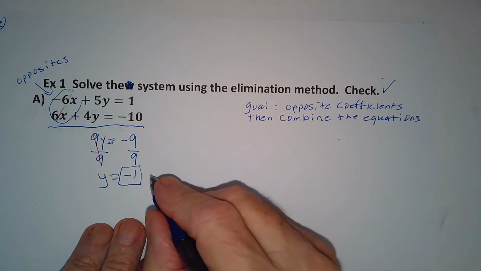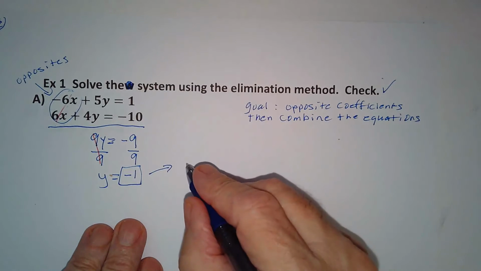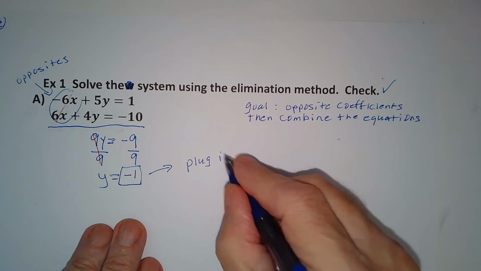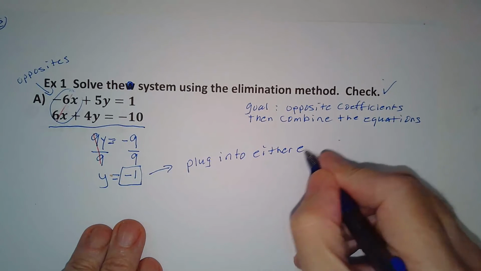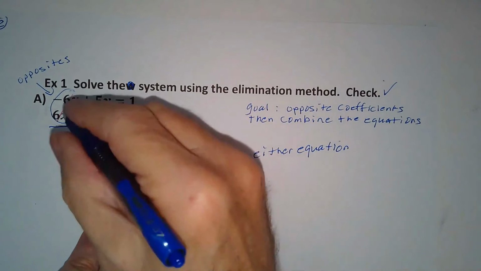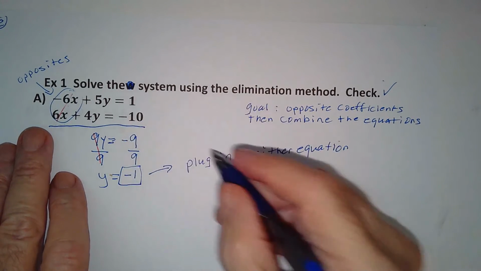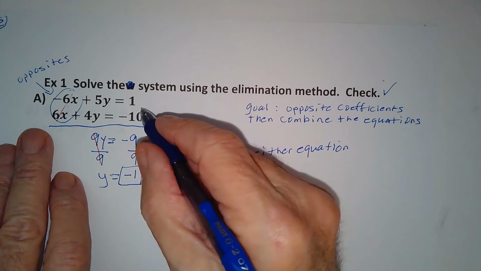And so you can plug this into either of the two equations at the top and solve for x. Let's write the first equation here. It's the smaller equation, meaning the numbers are a little bit lower.